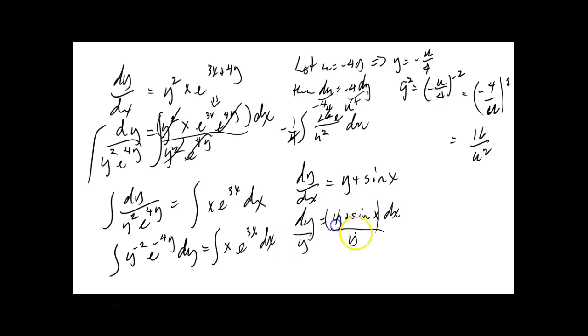Sure enough, that will go out, but you still have plus sine. dy over y would then be equal to 1 plus sine x over y dx. That's not separable. You still got the y in there.